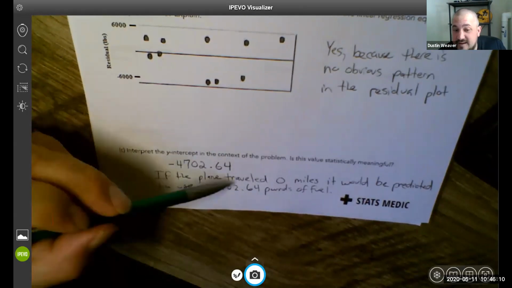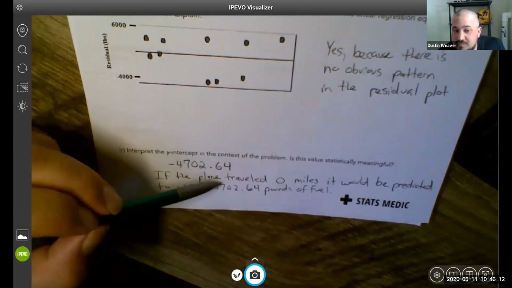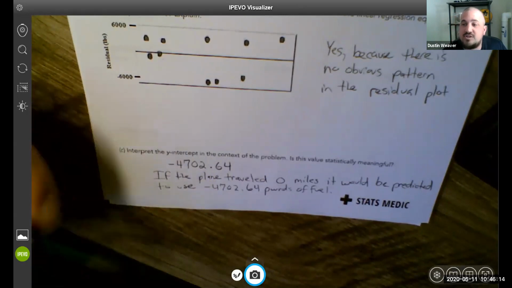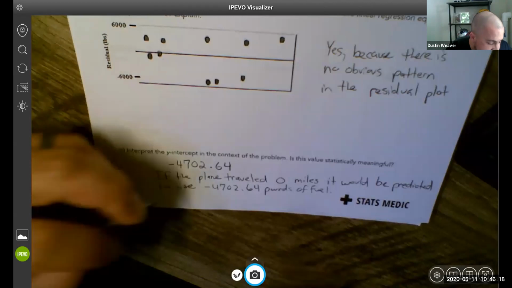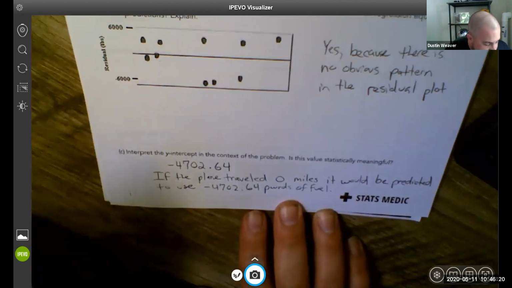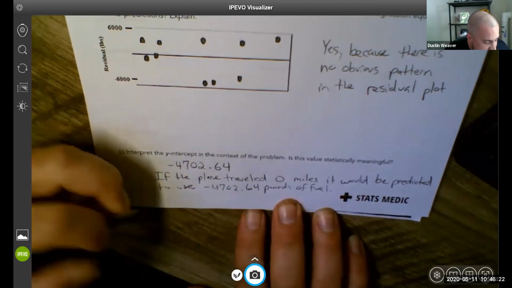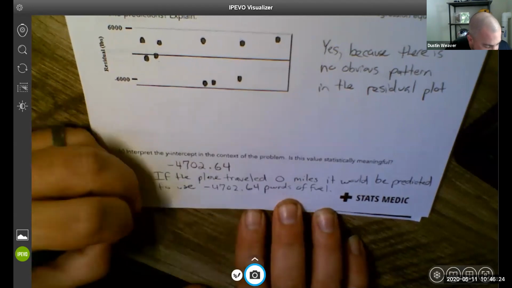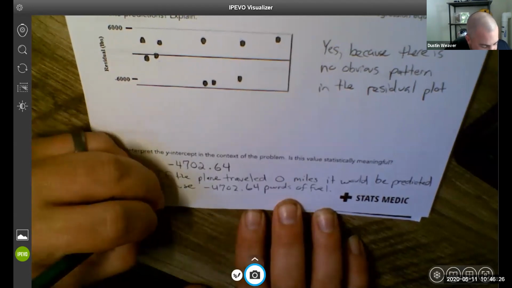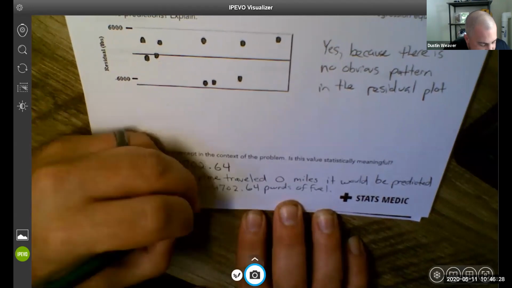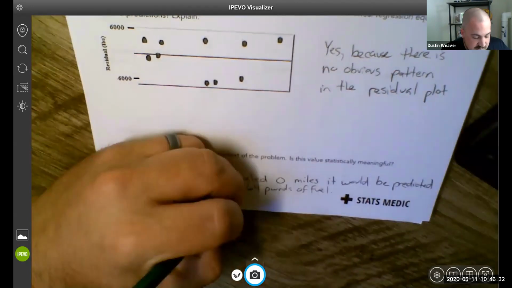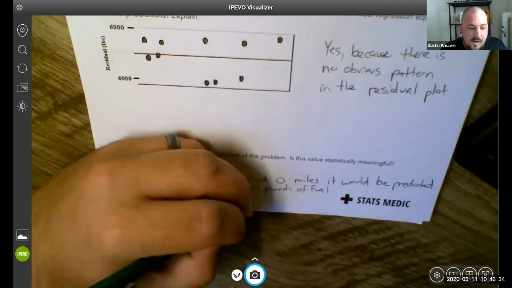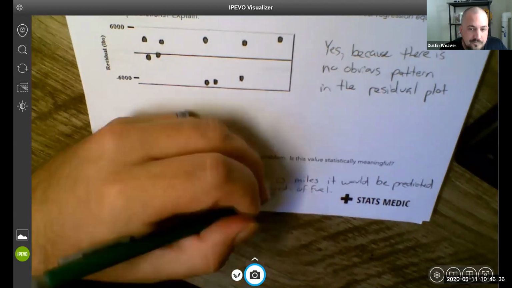You're not going to have a plane fly 0 miles, and you're also not going to be able to use negative pounds of fuel. So we would say this value is not statistically meaningful.